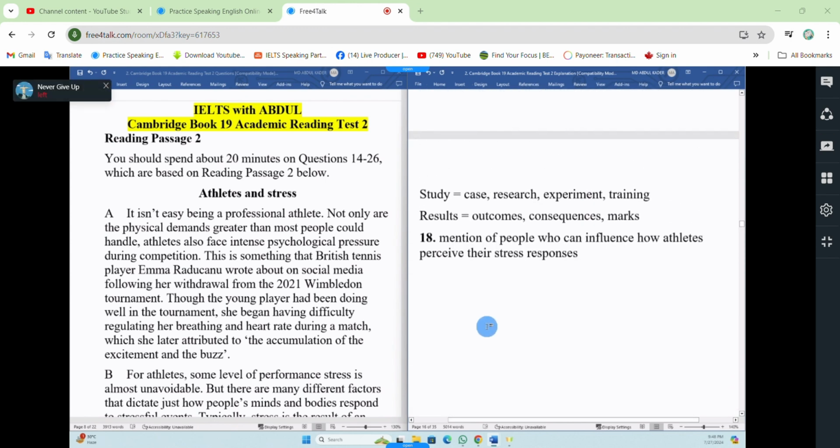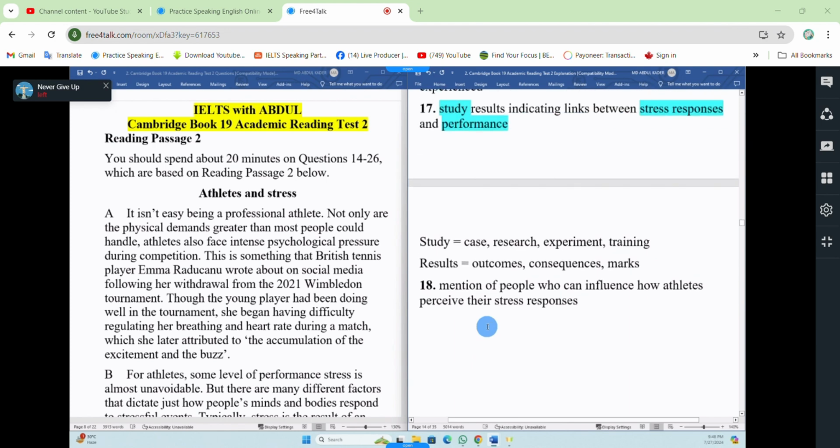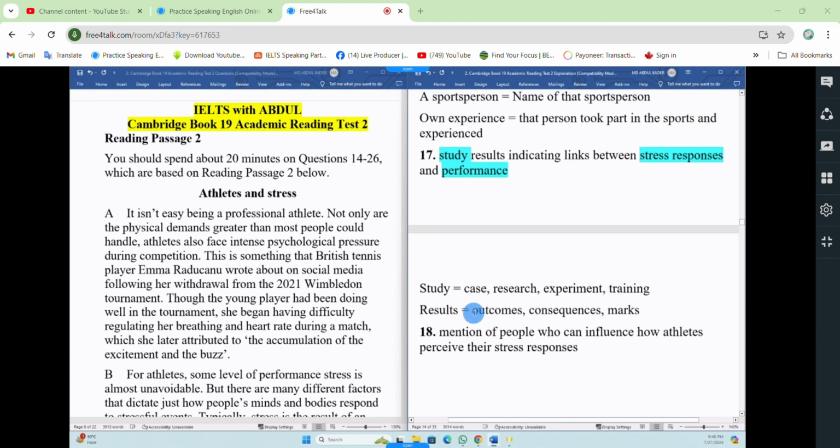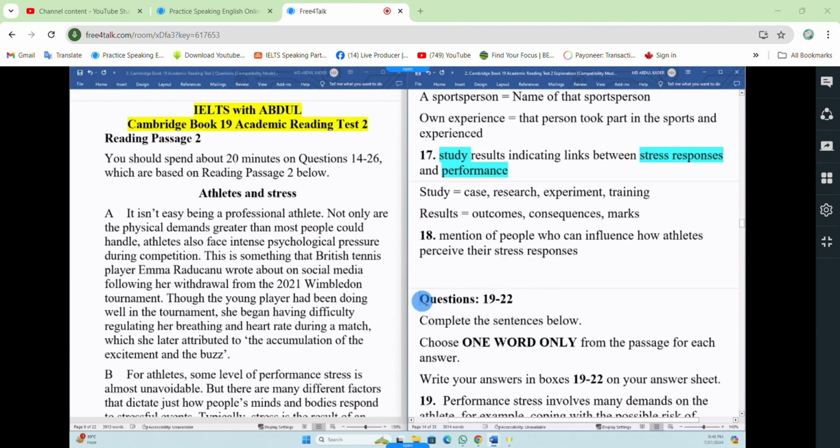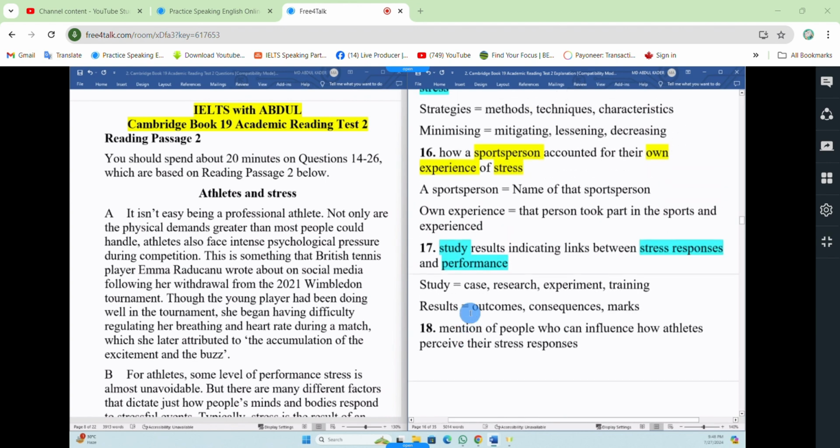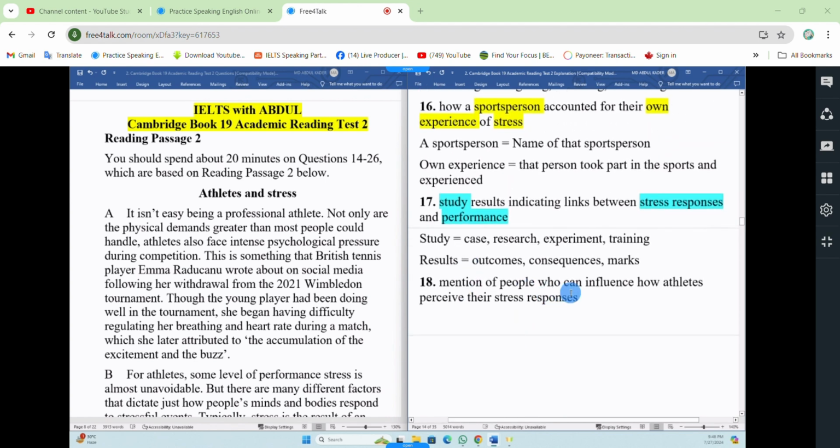So question number 18, the question is here: mention of people who can influence how athletes perceive their stress responses.